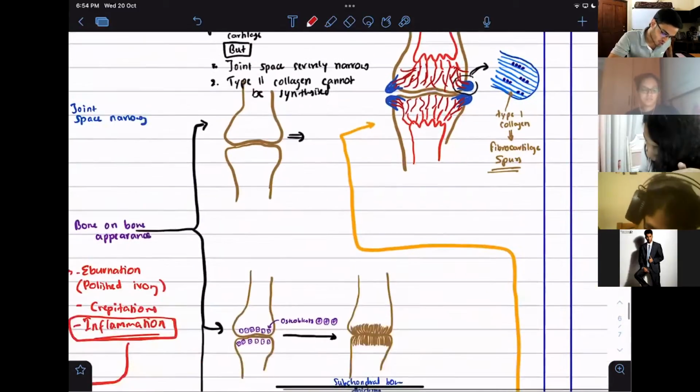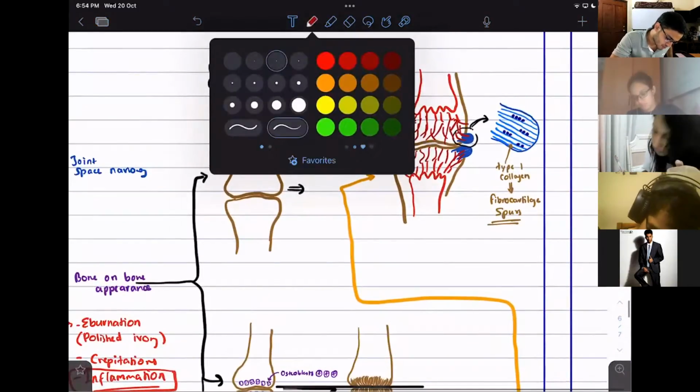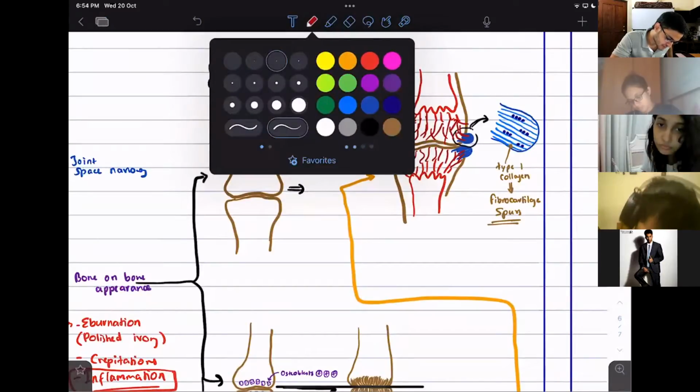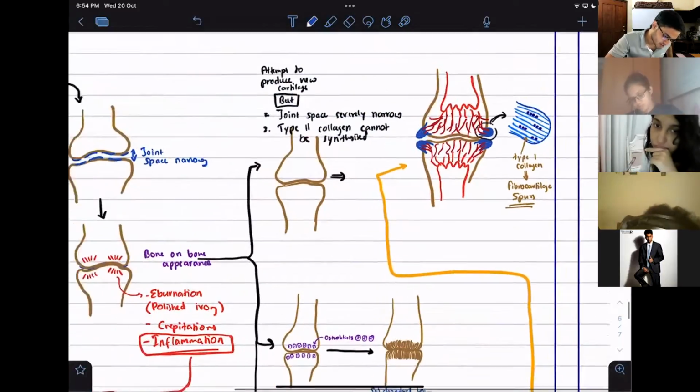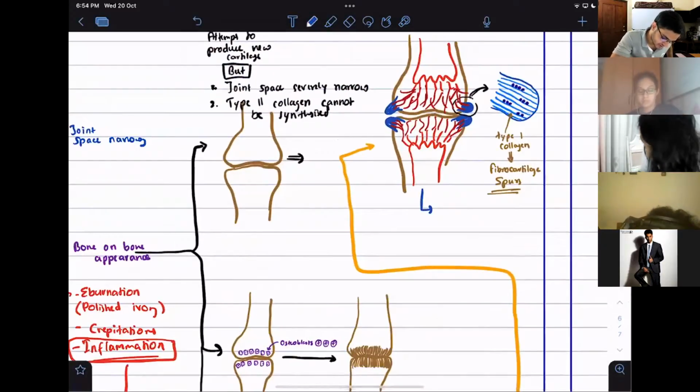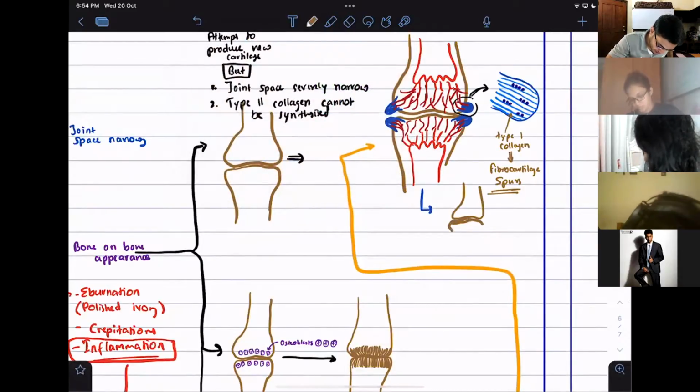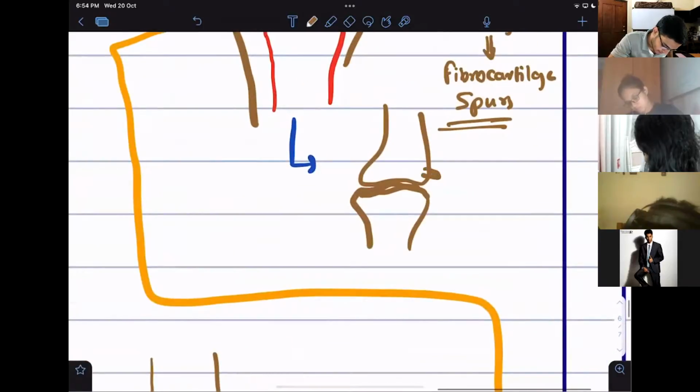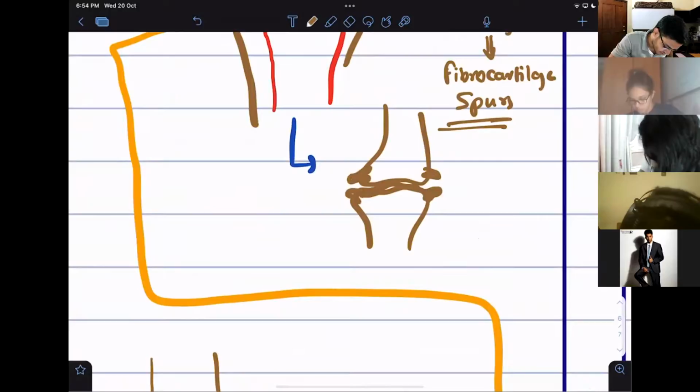They ossify. So after a while, how will it look? Initially, it was this nice bluish color, cartilaginous substance. After a while, if you look at the bone, it will look completely bony. On X-ray, they look like extensions of the bone itself.